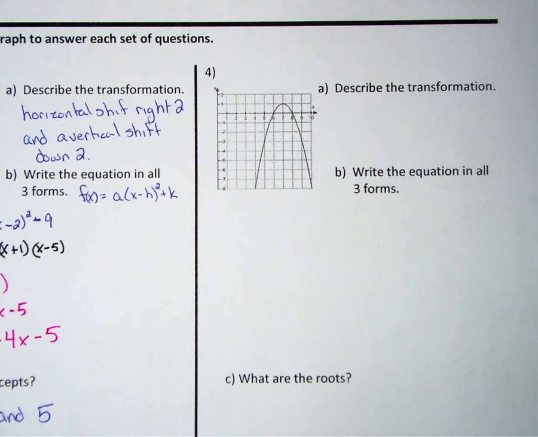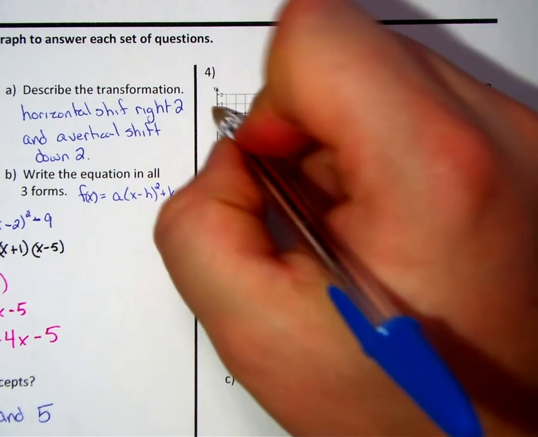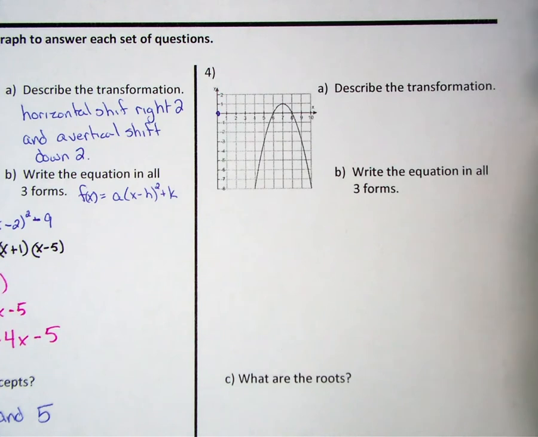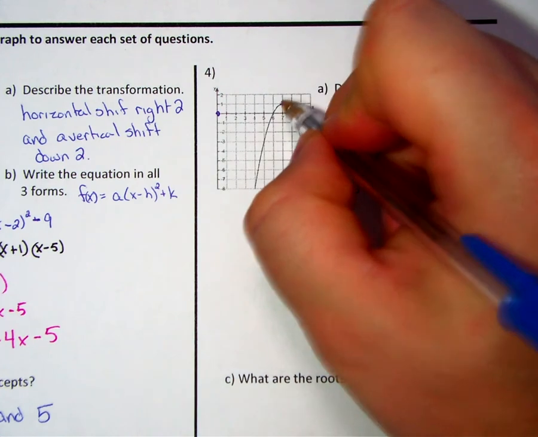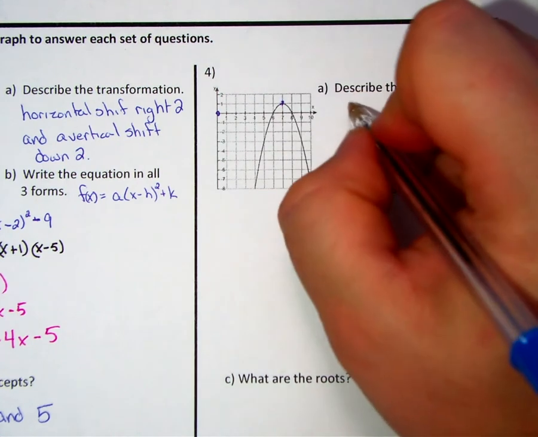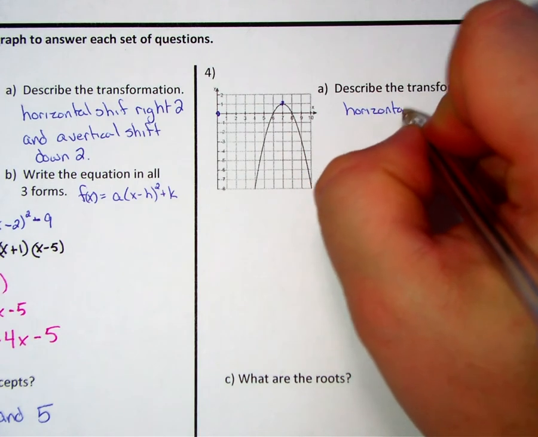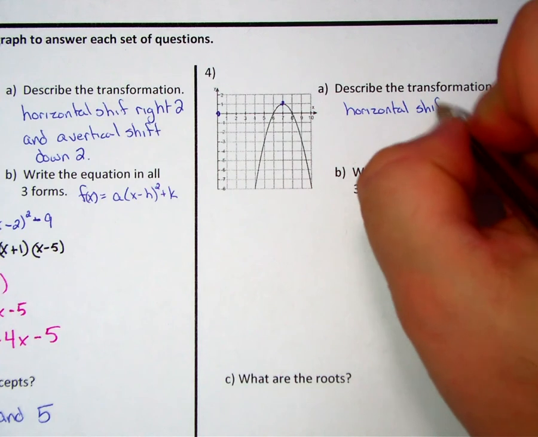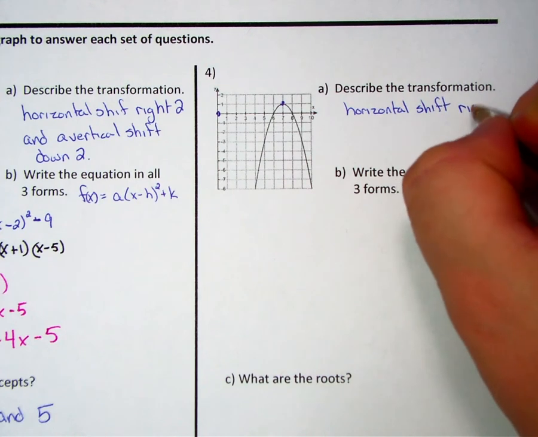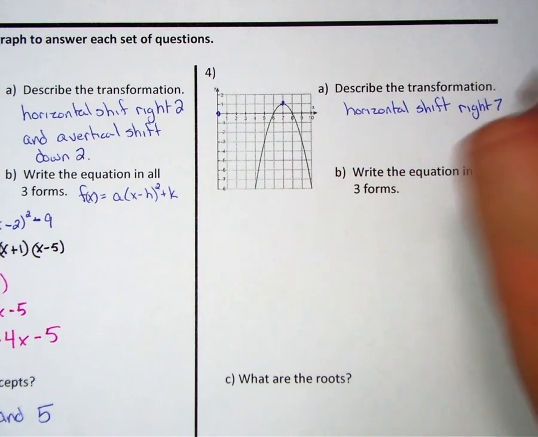Question number 4. Describe the transformation. So again, we want to describe the transformation from the origin 0, 0 all the way over to our new vertex point. So we have had a horizontal shift right 7 units.